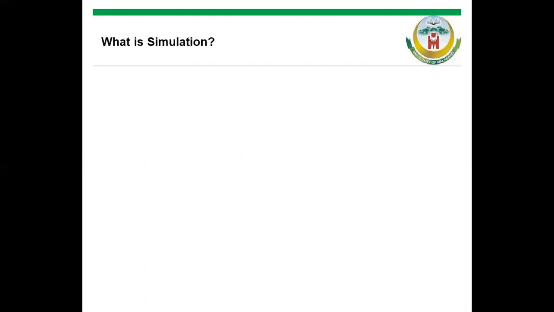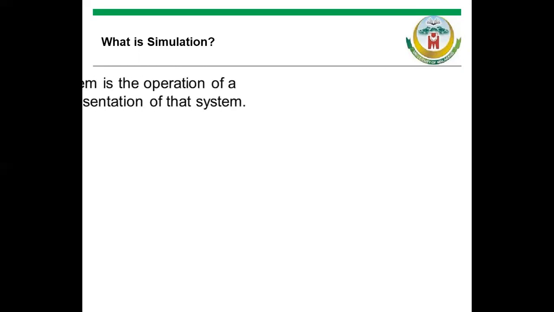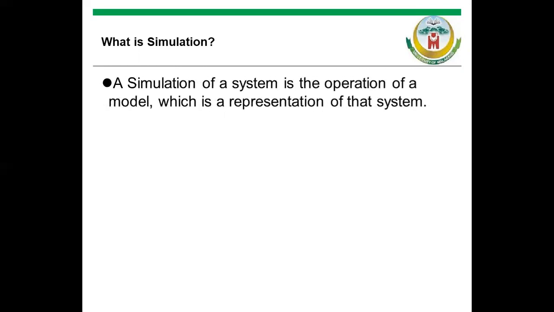So simulation can be done either through physical models or through mathematical models. A simulation of a system is the operation of a model which is a representation of that system. This is important: in simulation we are interested in the operations. Models are the representations, and simulation is the operation of them.